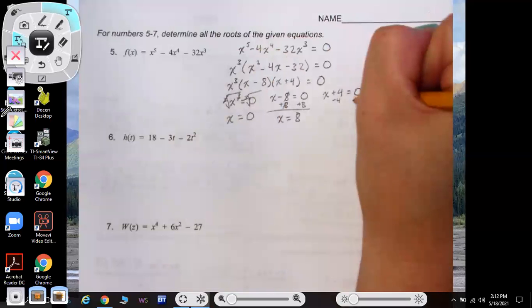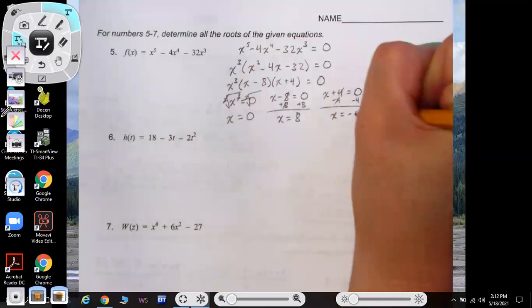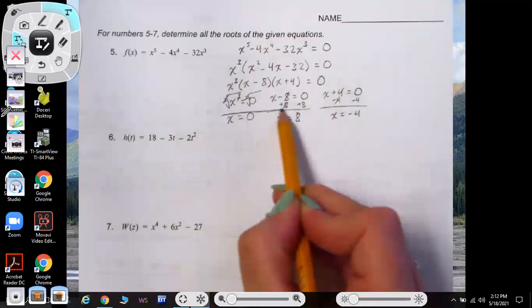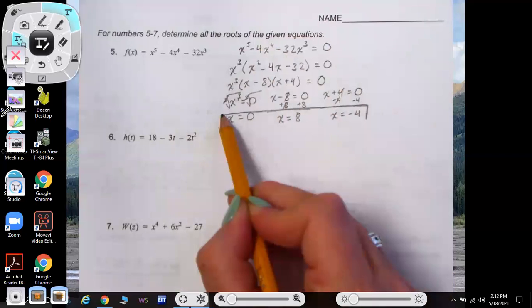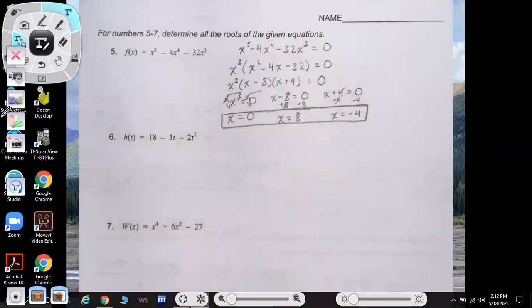Subtract 4 from both sides, we get x equals negative 4. These are our roots. Roots, zeros, whatever you want to call them, x-intercepts.